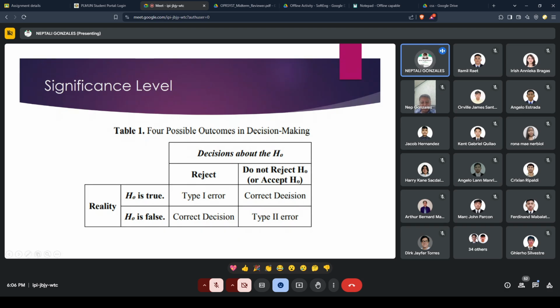If the null hypothesis is false and you rejected it, that means you made a correct decision. While if the null hypothesis is false and you accepted it, that means you committed a type 2 error. So you base your decision making on this table.